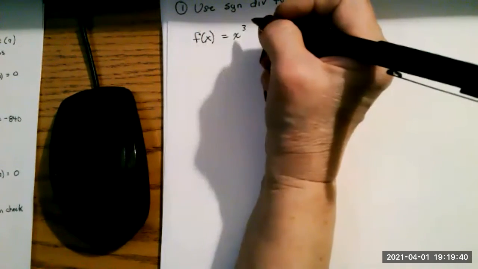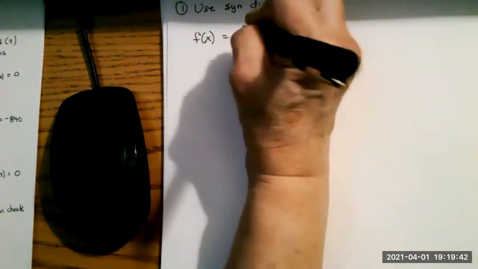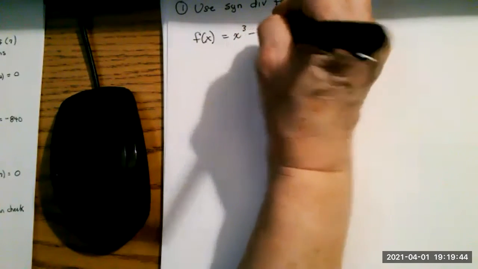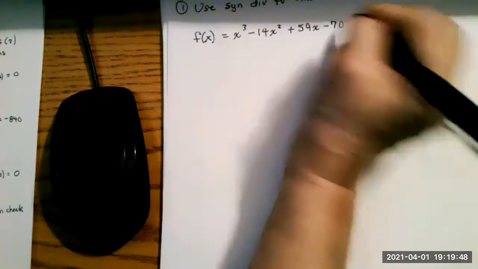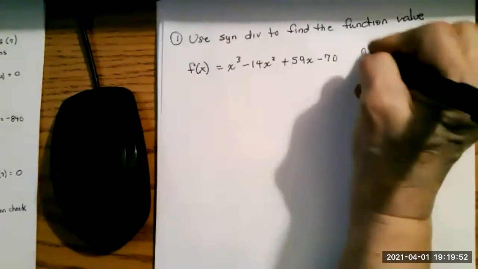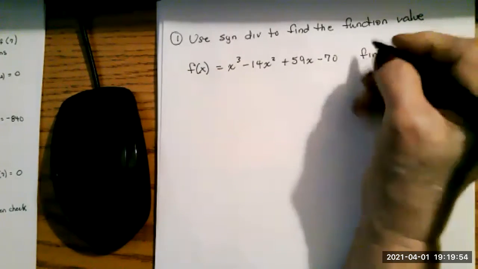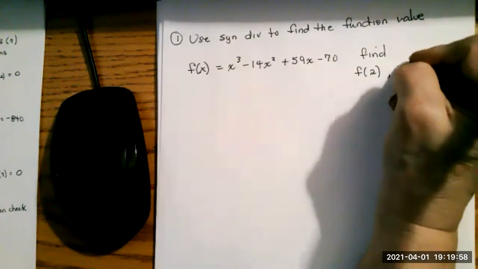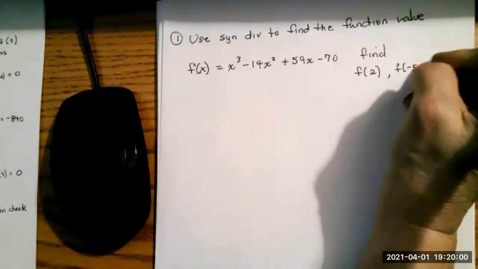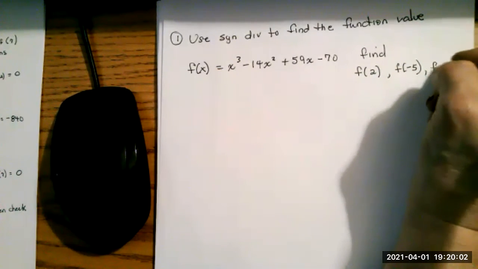So we have x cubed minus 14x squared plus 59x minus 70. And they want us to find f of 2, f of negative 5, f of 7.